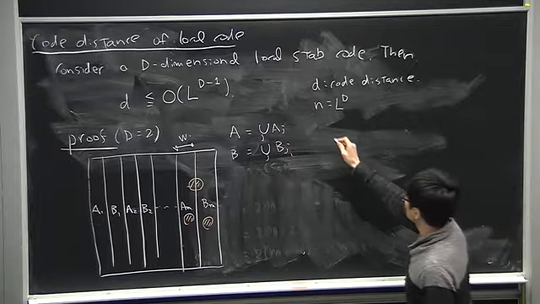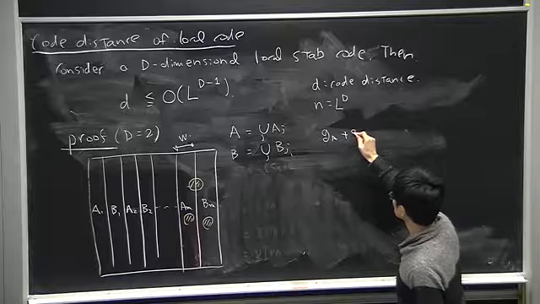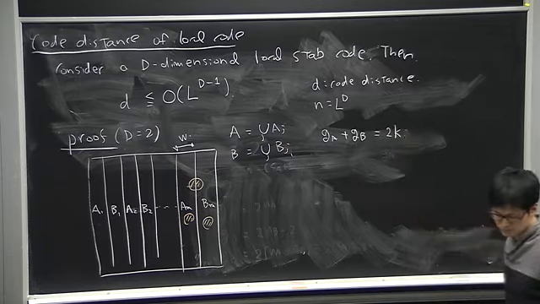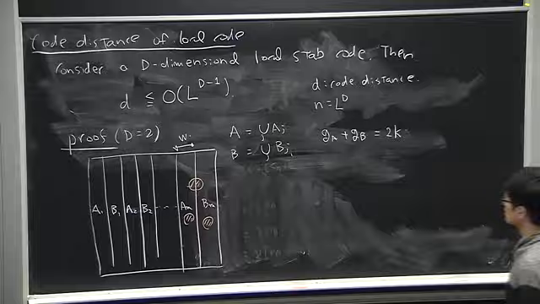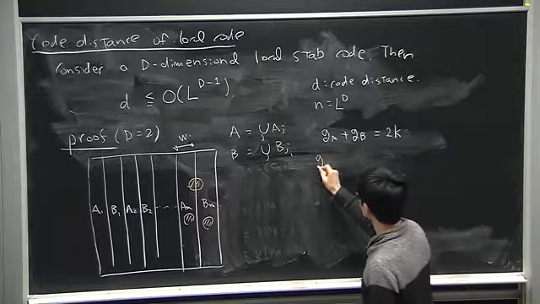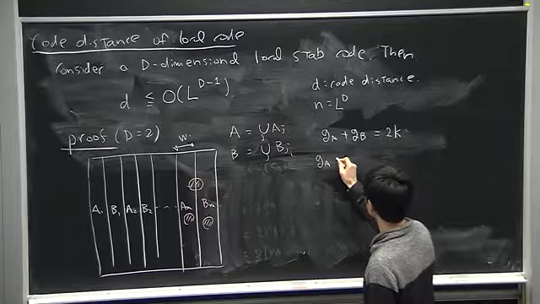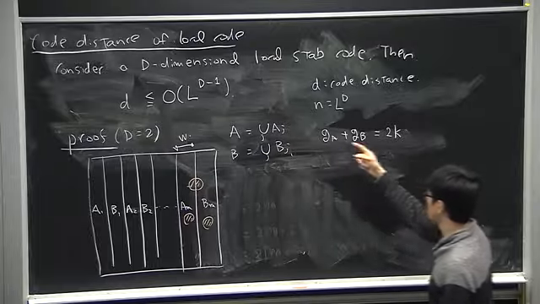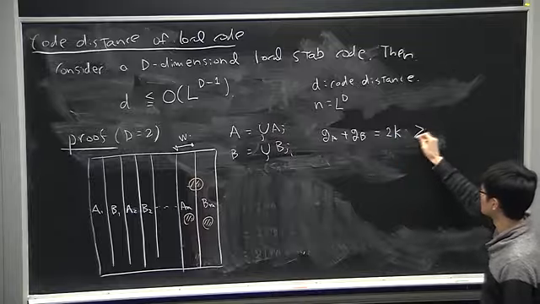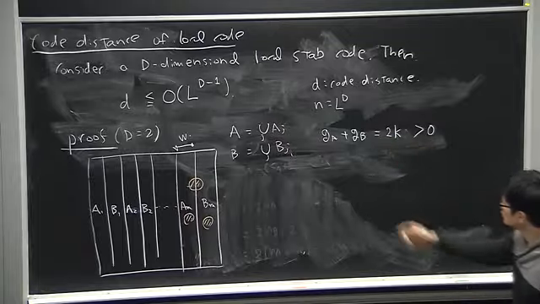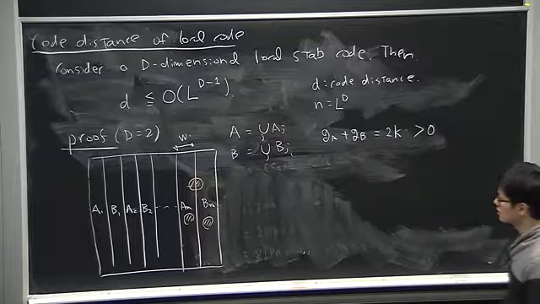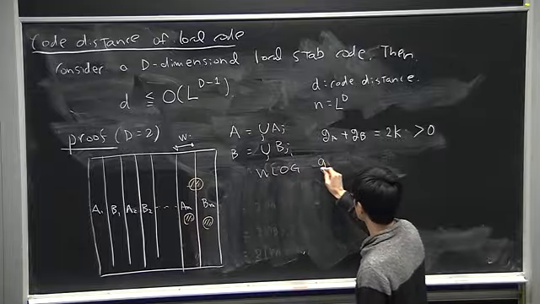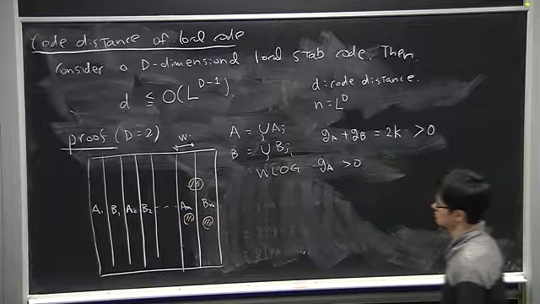Now let's use this result: G_A plus G_B is equal to 2K. This implies that if you sum up the two, you should get some number larger than 0, so at least one of them is non-zero. Without loss of generality, we can assume G_A is larger than 0.